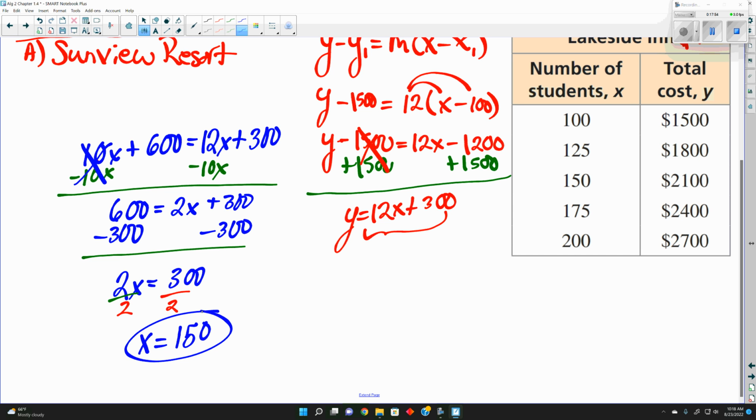So how many students? 150. And that's it.